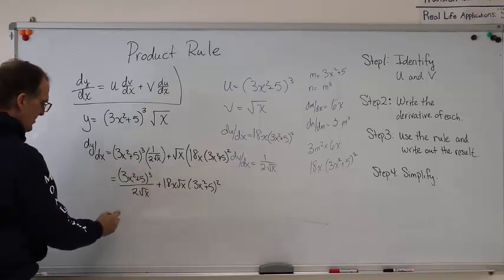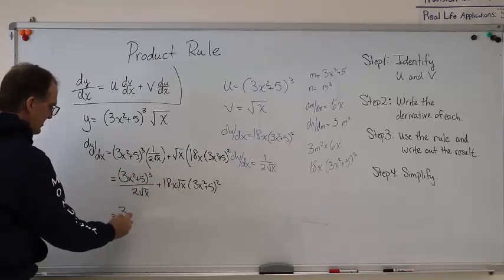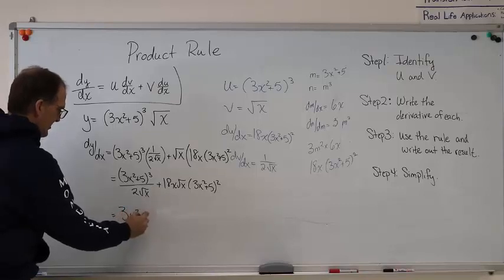We have the 3x squared plus 5 as a common factor. I could write it outside.